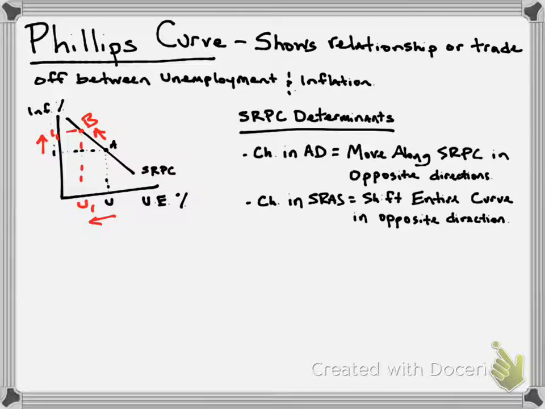If we moved in the opposite direction, we would be losing inflation but gaining unemployment. So the curve represents that if we want lower inflation, we're going to have more unemployment. If we want lower unemployment, we're going to have more inflation. That's the trade-off it is referring to.